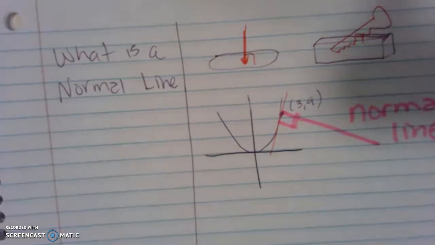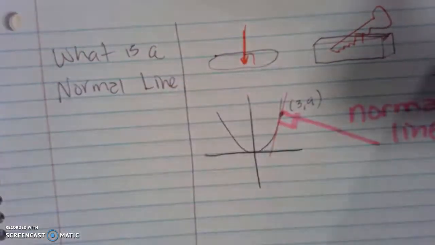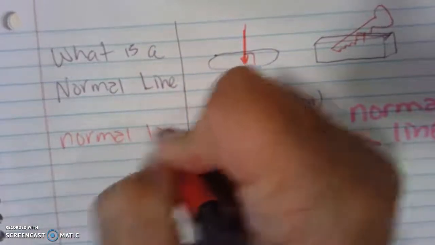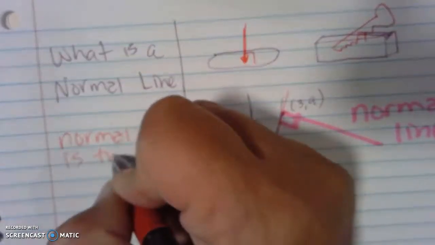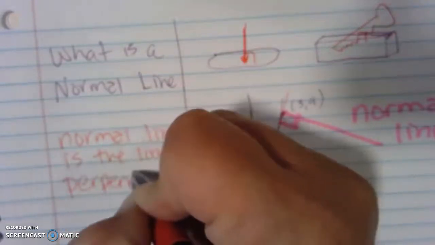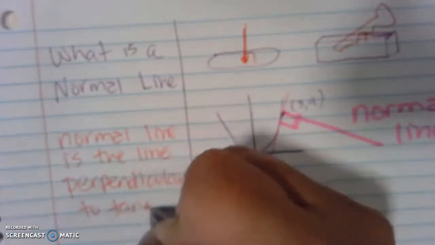So the normal line is the line perpendicular to the tangent line.